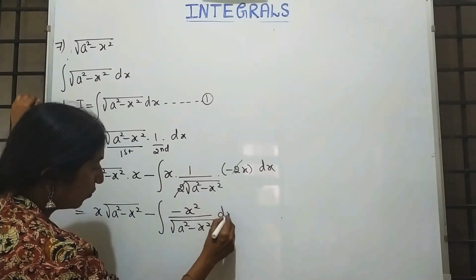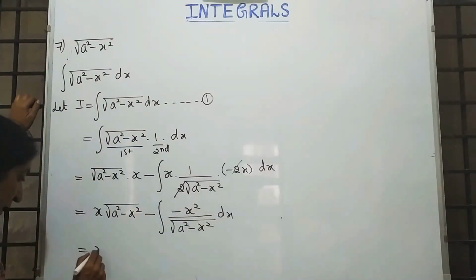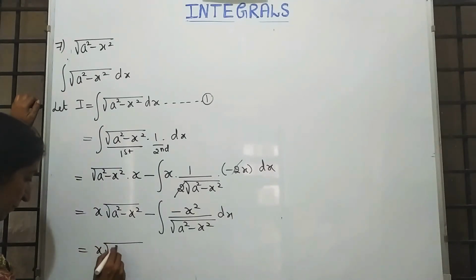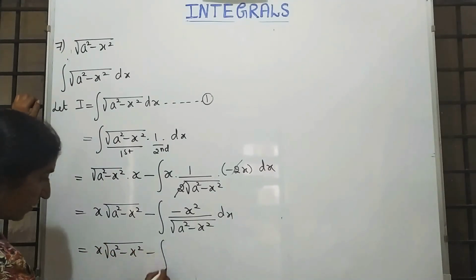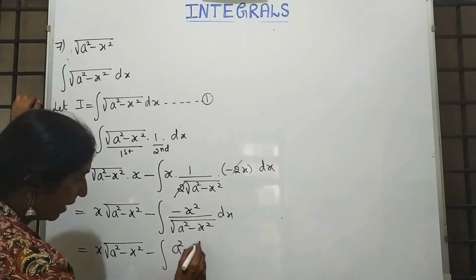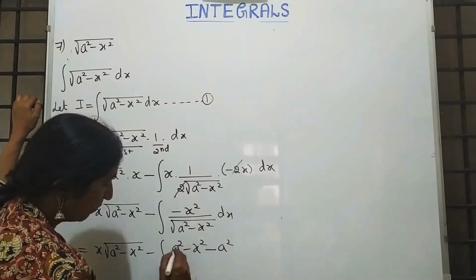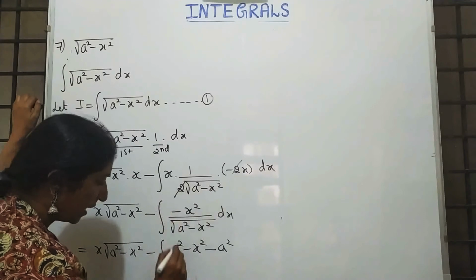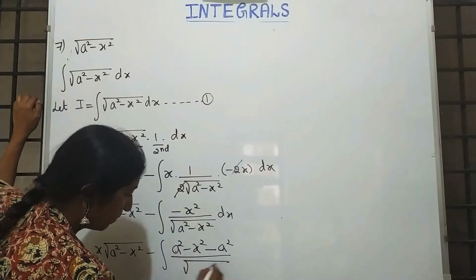See, I did not take minus outside because there only I am doing one adjustment. It is a square minus x square minus a square plus a square, minus a square get cancelled. Again we are getting the previous step.